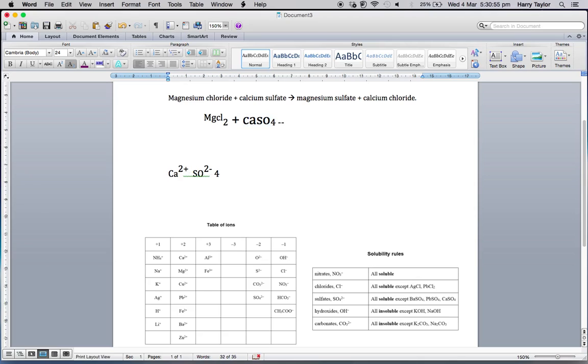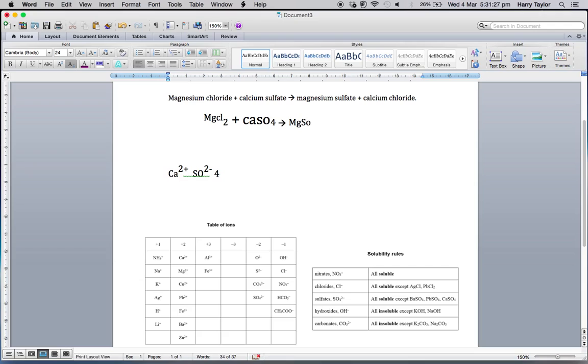Now, remember that. So now you switch everything around. So instead of magnesium chloride, it's now magnesium sulfate. So Mg, 2 plus, if you look down the table, and sulfate, which is 2 minus. So MgSO4.